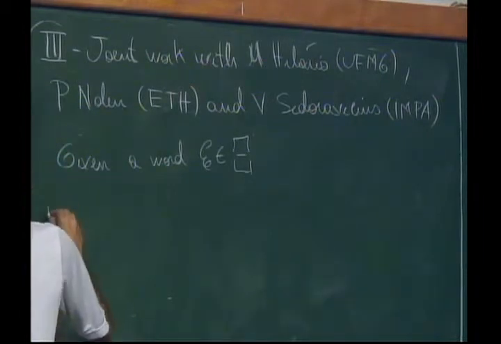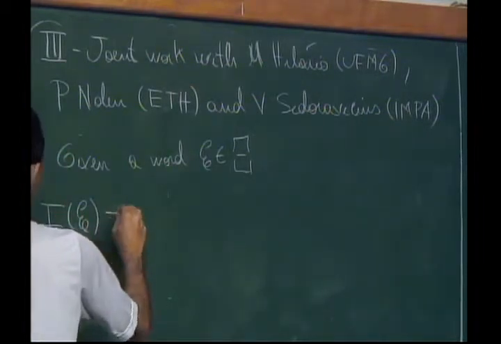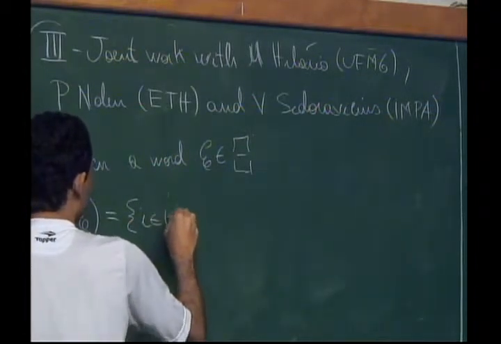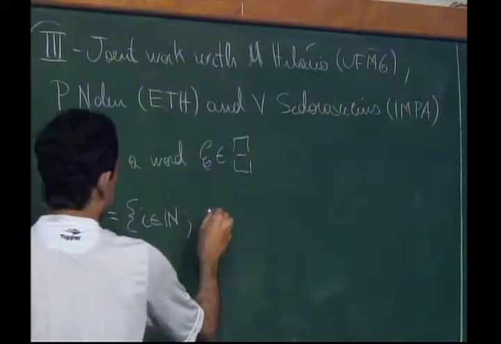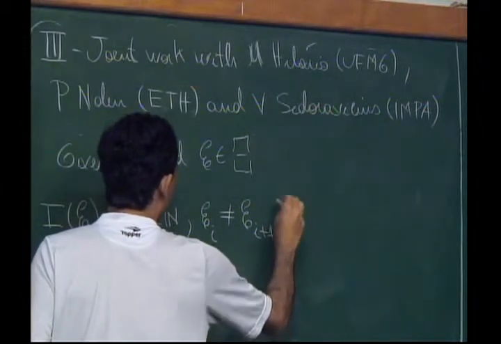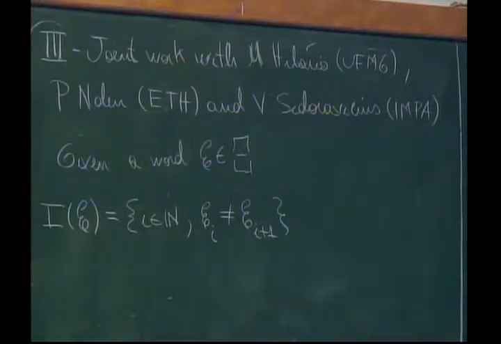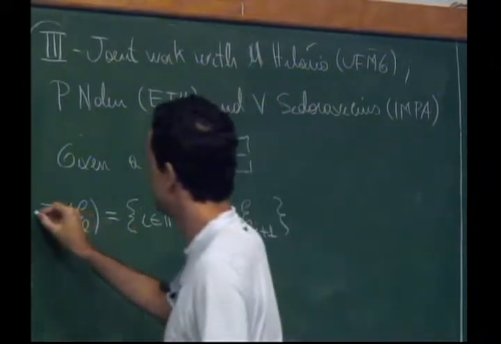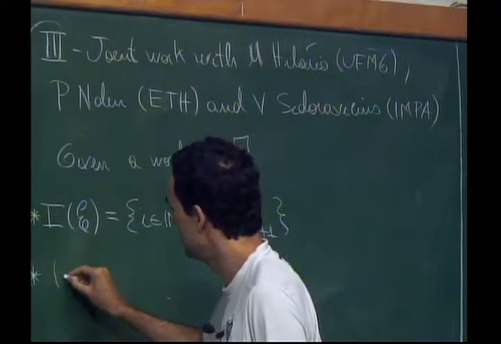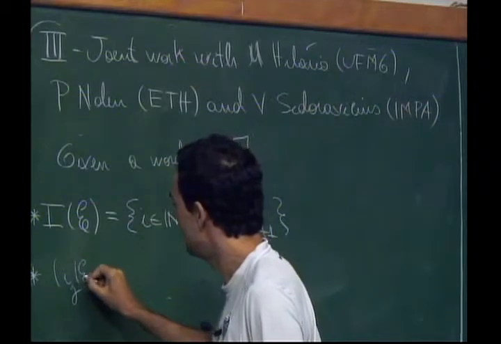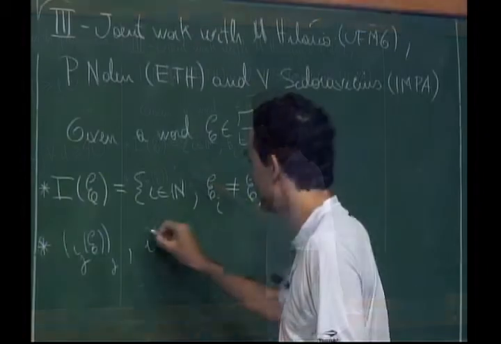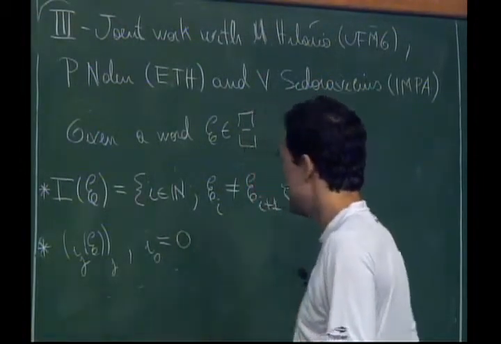I define the set I as the set of natural numbers i such that xi_i is different from xi_{i+1}. Now I define the sequence I_j of xi in the following manner. I_0 is 0.